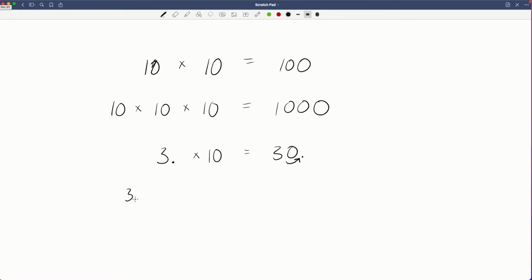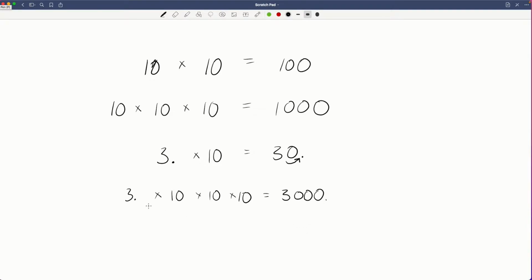If I multiplied the same 3 times 1,000, that's the same thing as times 10 times 10 times 10, 3 zeros, I would have the number and 3 zeros behind it. Of course, the decimal point is behind that.